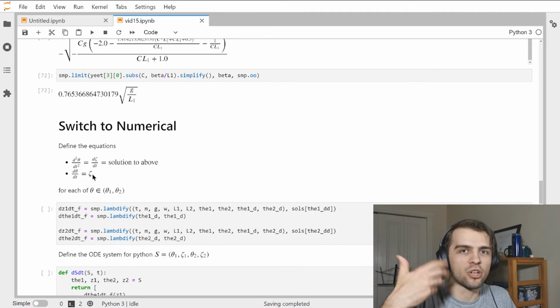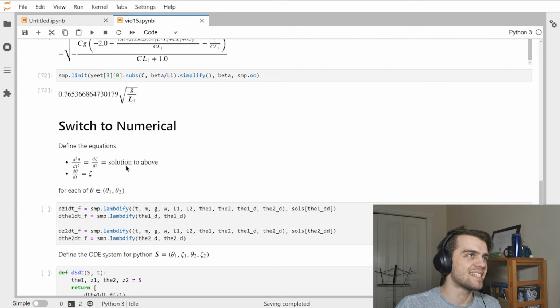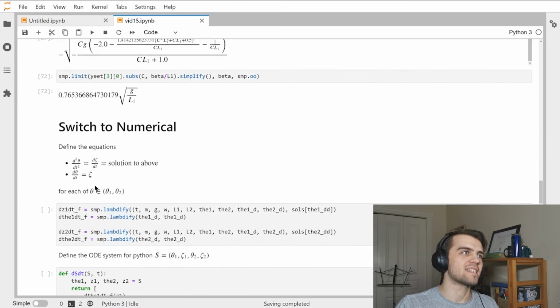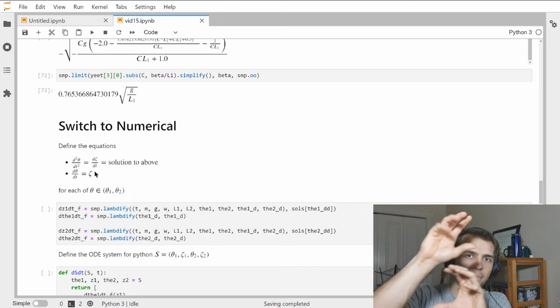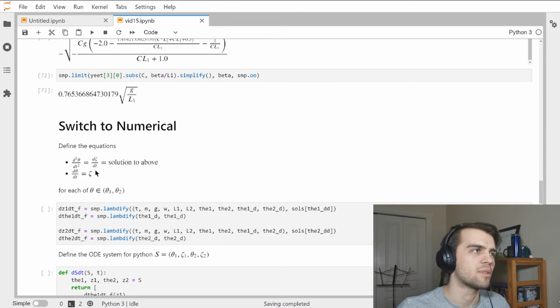Well, the bottom one is an ODE of itself, a really simple ODE. There are two variables, theta and zeta, and this is one of the ODEs here. The second one, d zeta dt, is the solution here. So that's my first ODE, that's my second order ODE, and I have theta and zeta paired as two variables. If you've never seen that before, I'd recommend thinking about that a little bit.